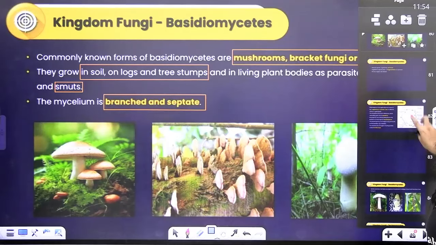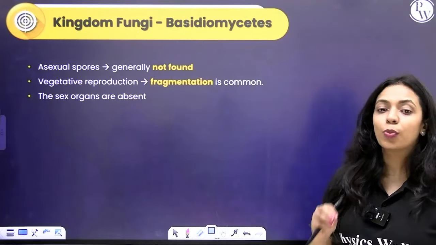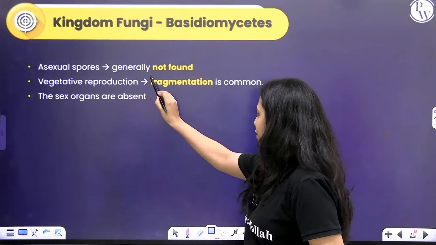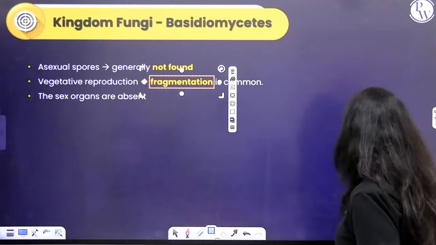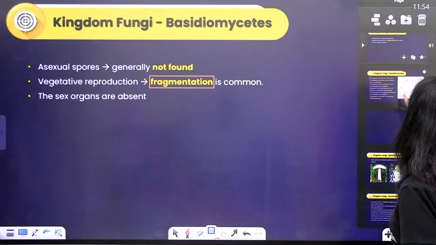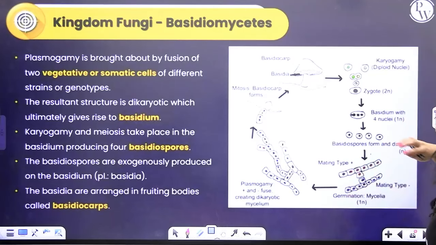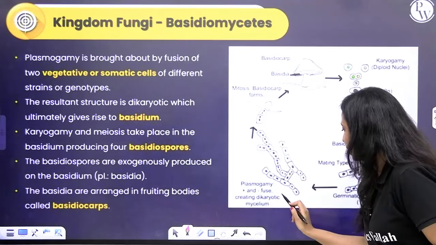Now, how does asexual reproduction happen here? Here spore formation will not happen, but you can see fragmentation occurring. This does not have any specialized sex organs. Talking about how sexual reproduction happens here, you can see there are two opposite mating types. We'll start from here. So here is plus, here is minus.